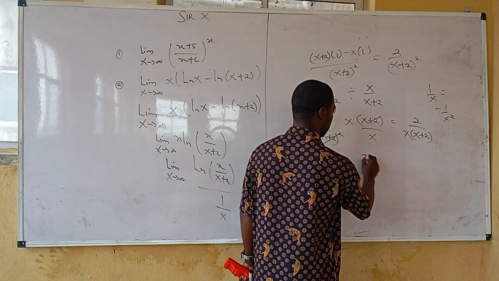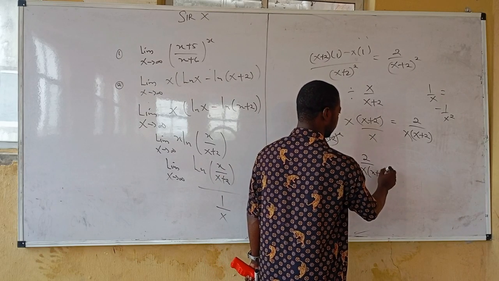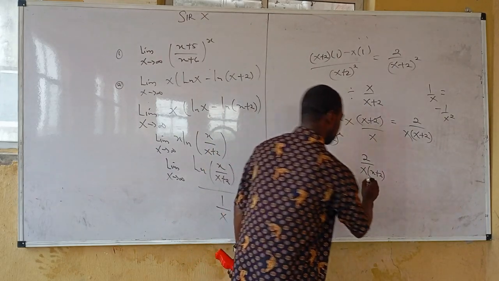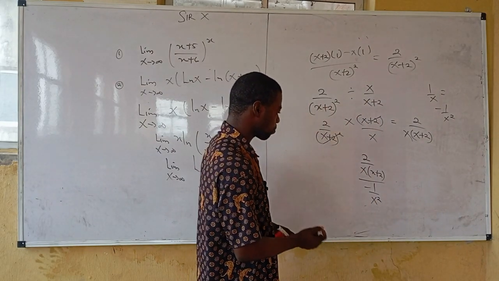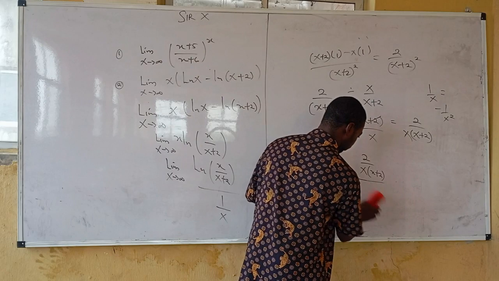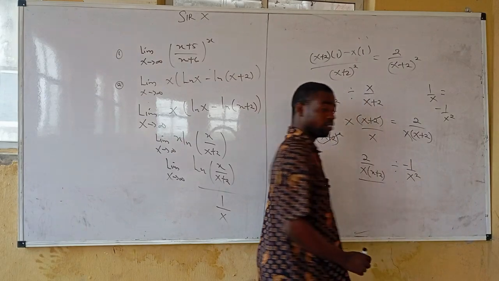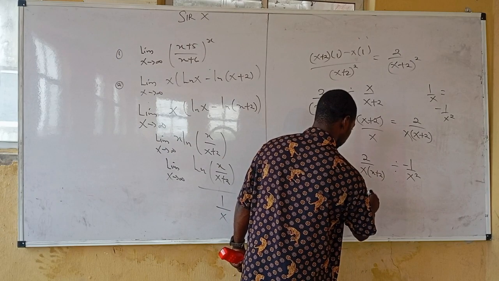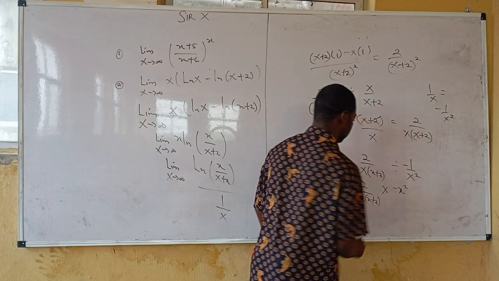If we divide 2 over x times x plus 2 by negative 1 over x squared, we have 2 over x into x plus 2 times minus x squared.